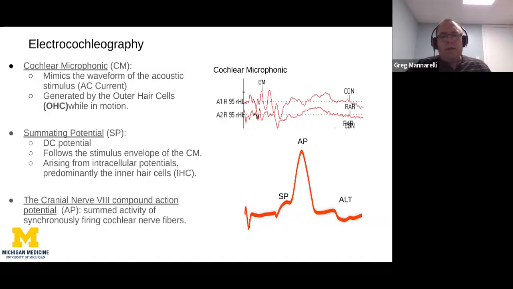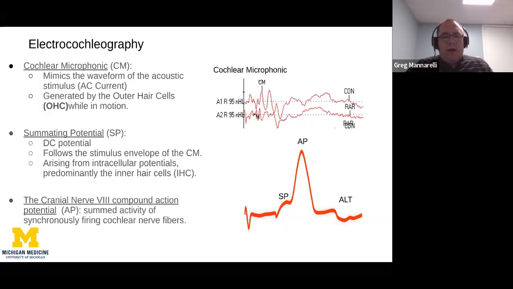And you also often see that it follows the stimulus envelope of the cochlear microphonic. Remember when I was first reading that, that seemed like a really confusing response. But basically, it just means that the summating potential is going to have about the same amplitude as the peaks of your cochlear microphonic. It's just not going to follow all the contours of the individual waves.